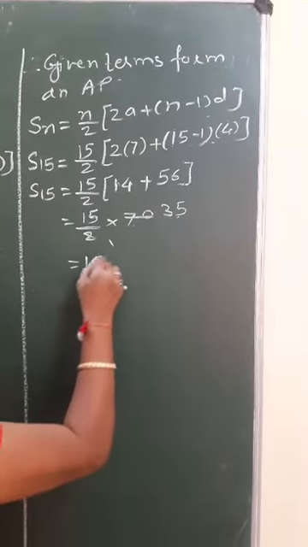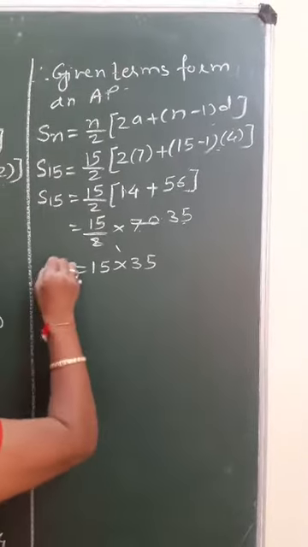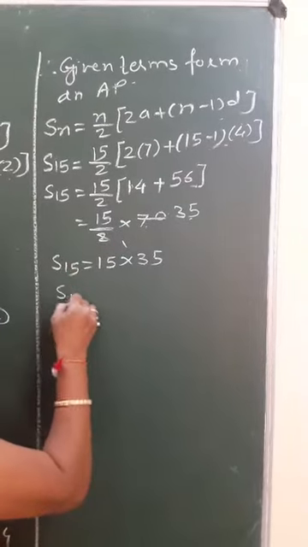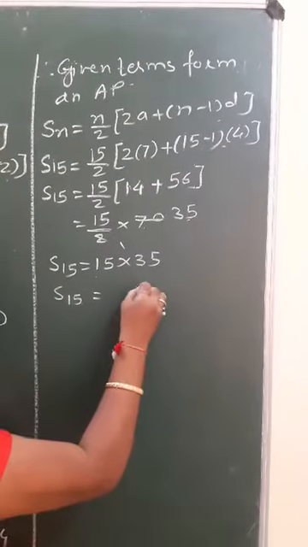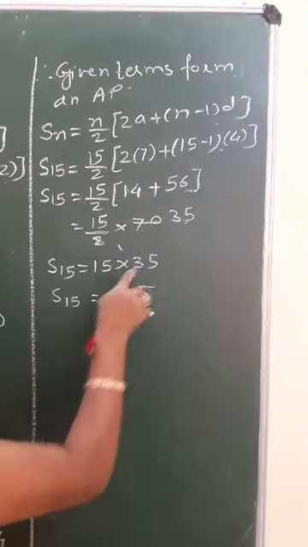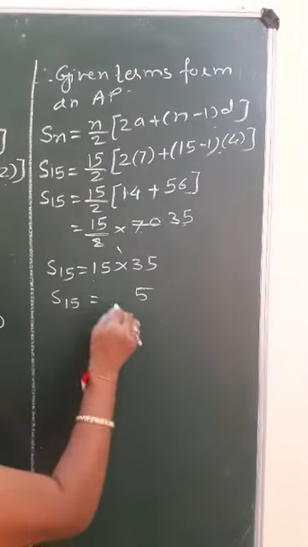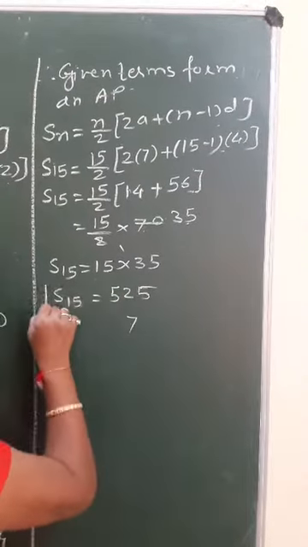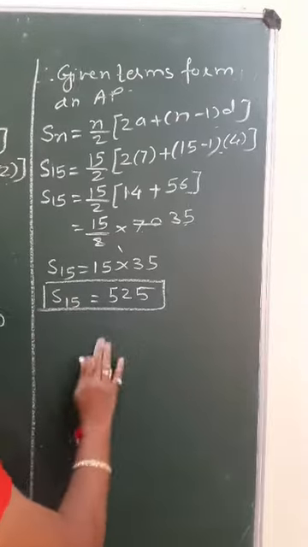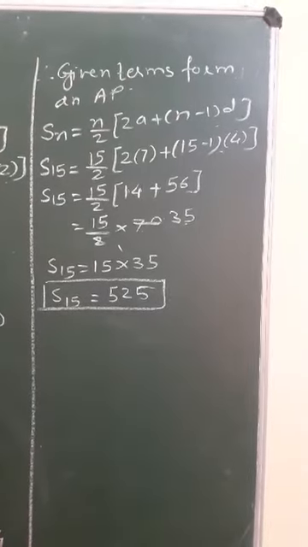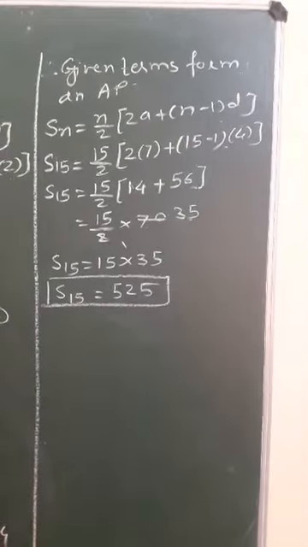So we will get 15 into 35, that is S15. S15 we will get as 15 5s are 75, carry 7. 15 3s are 45, 45 plus 7 is 52, and we get the sum of these 15 terms when we know AN is equal to 3 plus 4n.